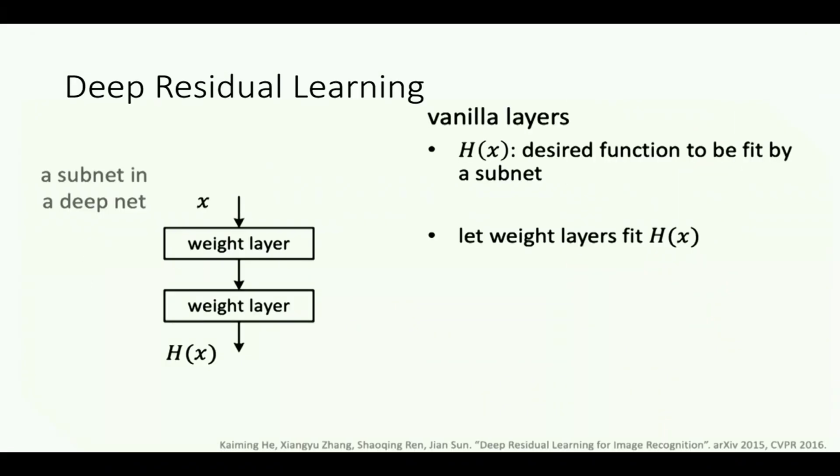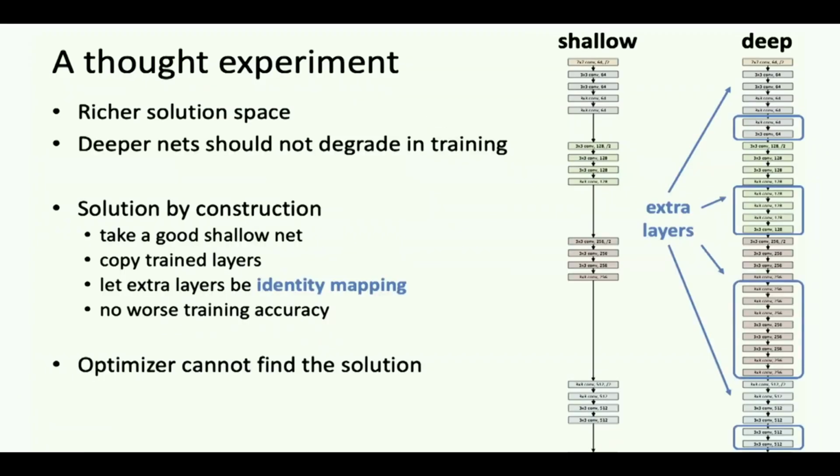This is the vanilla motivation for the residual network: to give the network an opportunity to fall back to what it can do with the shallower capacity.